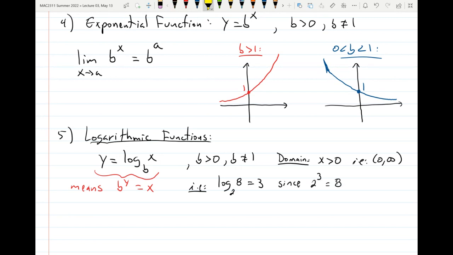A logarithm is just an exponent. What exponent? The exponent to which you need to raise the given base to get the given number. So if you do log base 2 of 8, what you're asking is, 2 to what power equals 8? And the answer is 3, which is what we get here. So that's our logarithmic function.